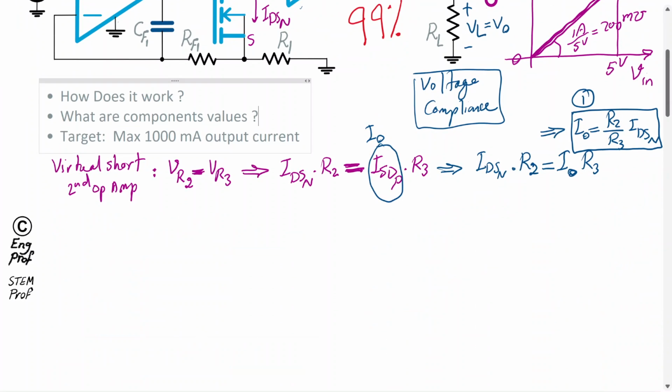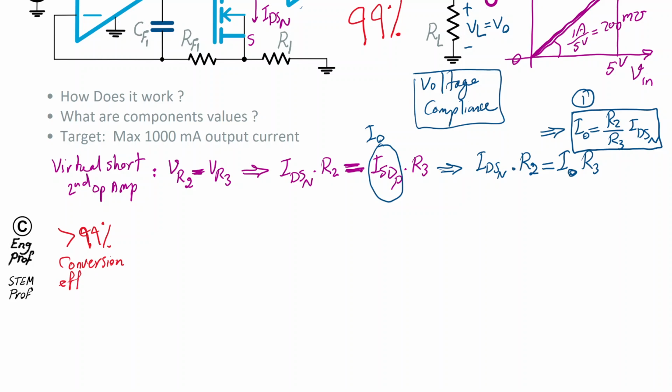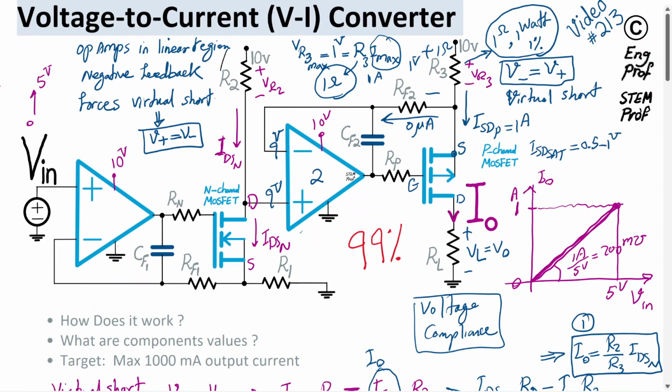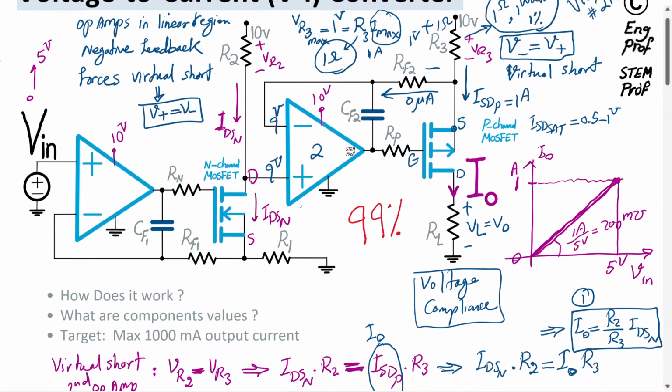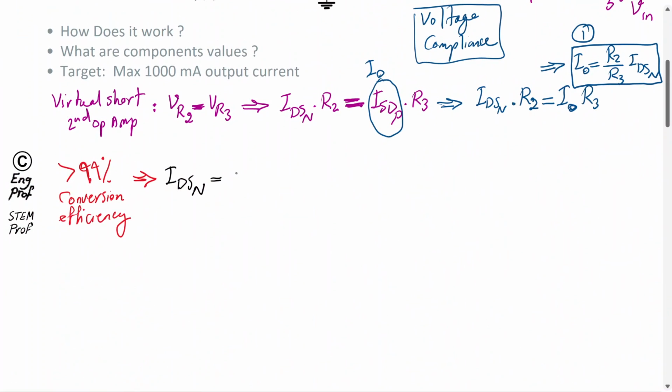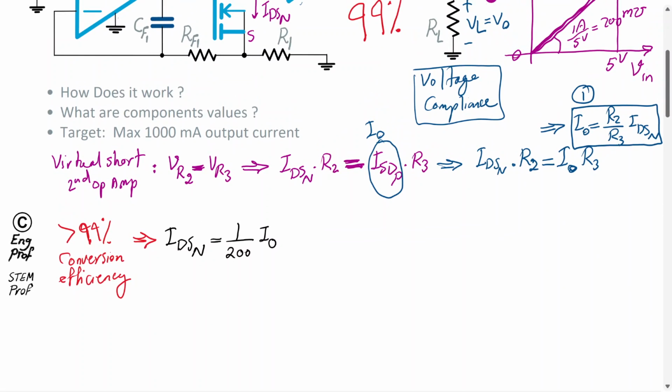But for higher than 99% conversion efficiency in this circuit, I am going to set the IDS of the N-channel, which is the current going through the internal branch, equal to, as a good design choice, 1 over 200 of the output branch current, which goes through the source-drain of the P-channel MOSFET.